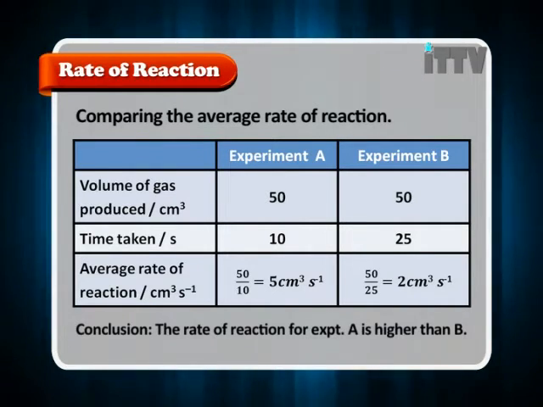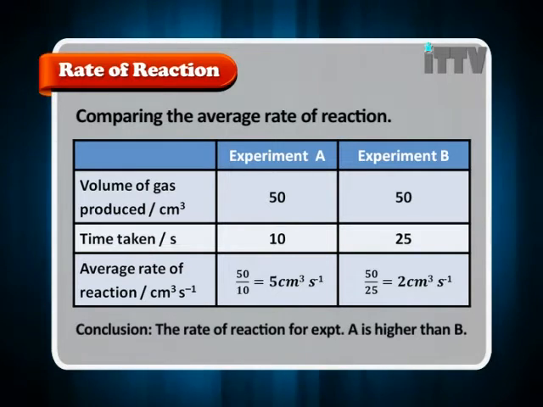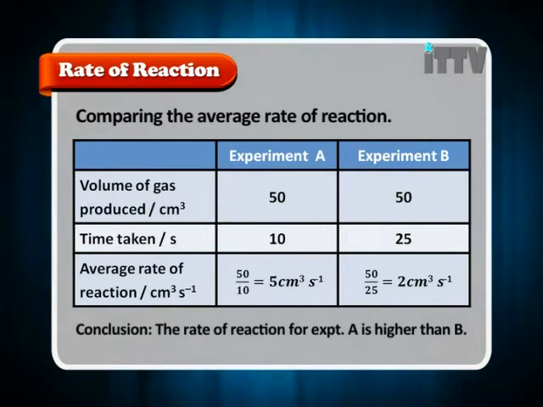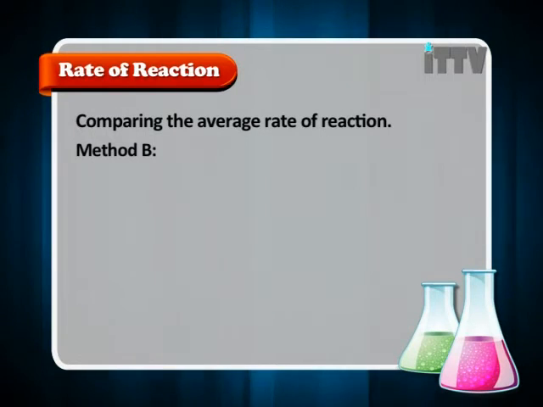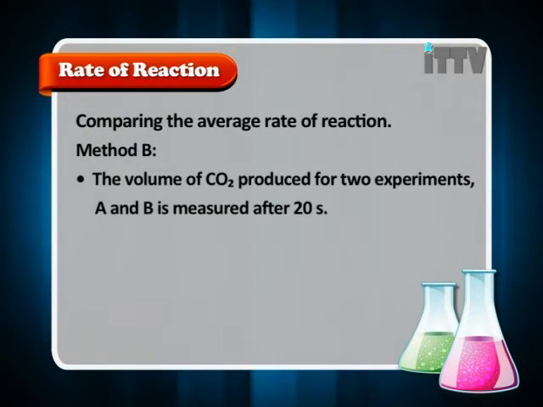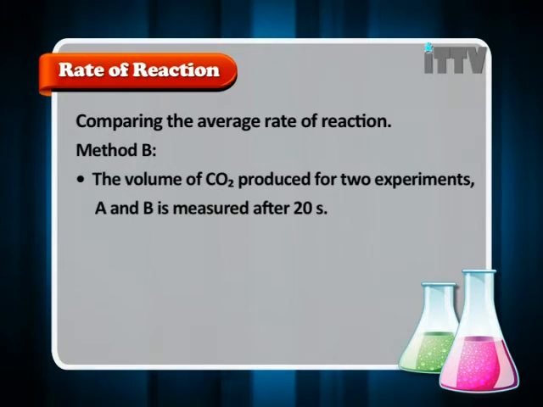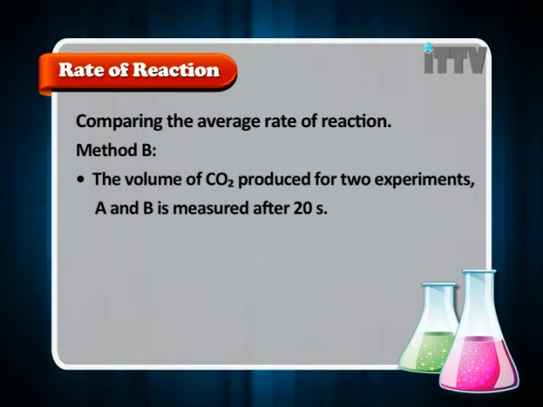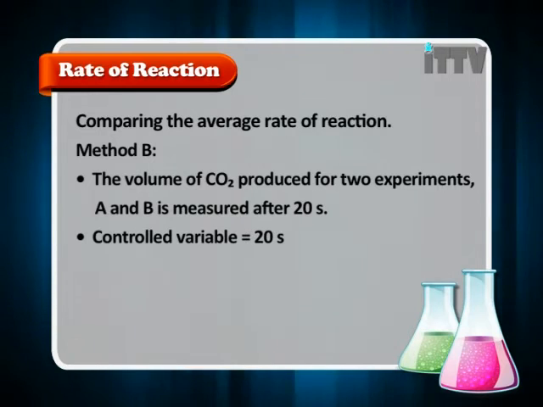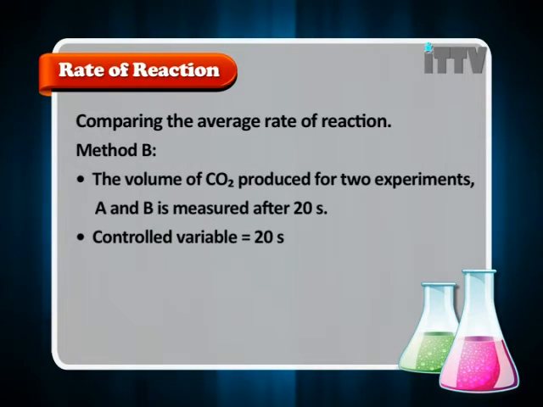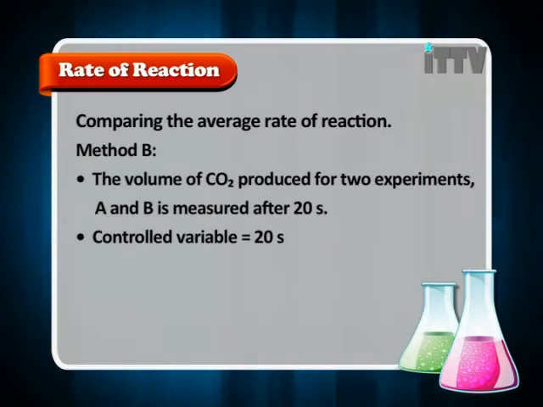Let's have a look at another possible way of comparing the rate of reaction. Method B. The volume of carbon dioxide produced for two experiments, A and B, is measured after 20 seconds. Our controlled variable is the time, 20 seconds.